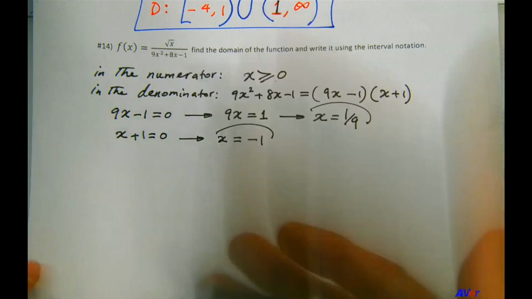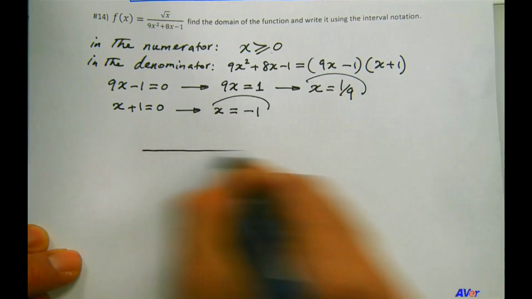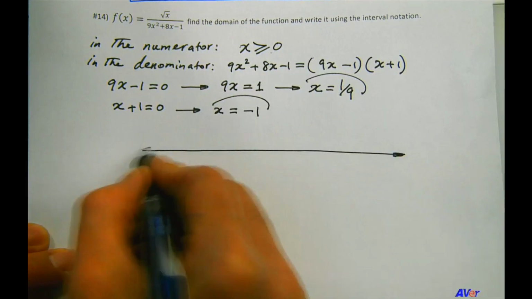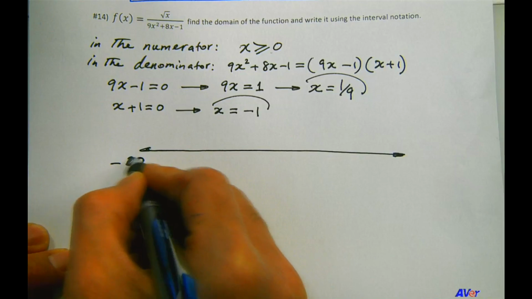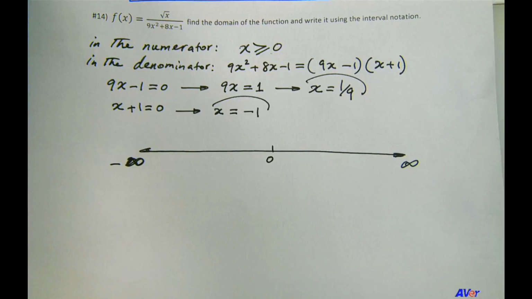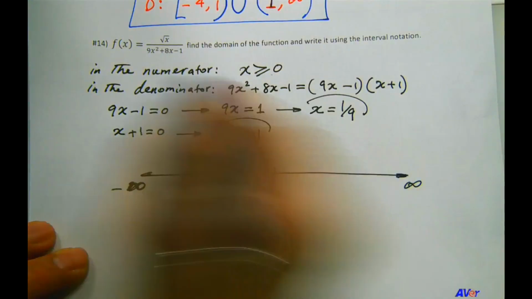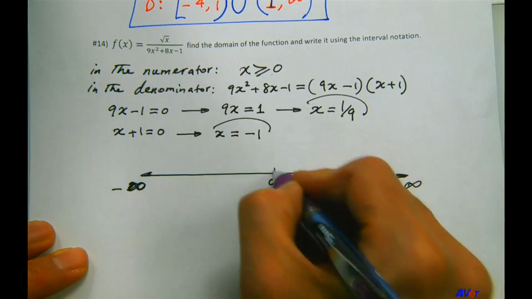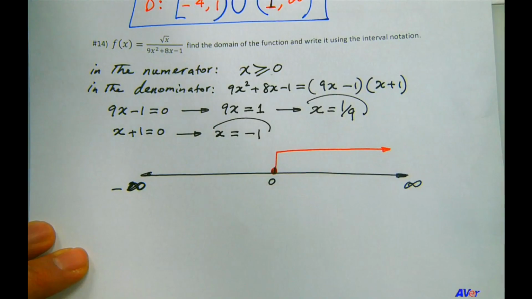So before we write down the final domain, let's draw a graph of what's happening here. From the numerator, what this is telling us is all of these values are the solution of the domain.